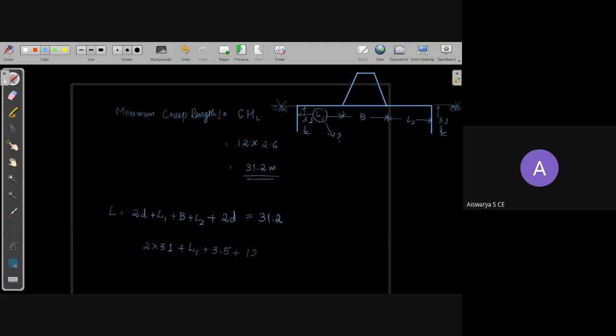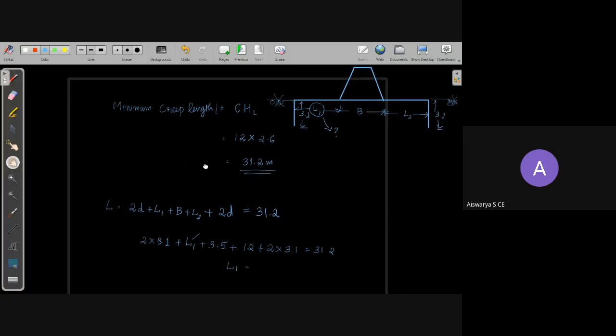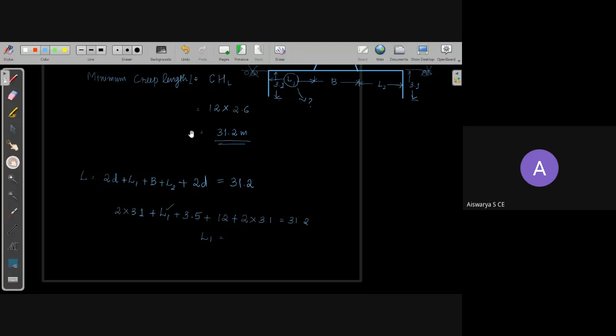L2 is 12 meter, plus 2D, 2 into 3.1, equal to 31.2. From this, what is the value of L1? Just calculate and say the answer.